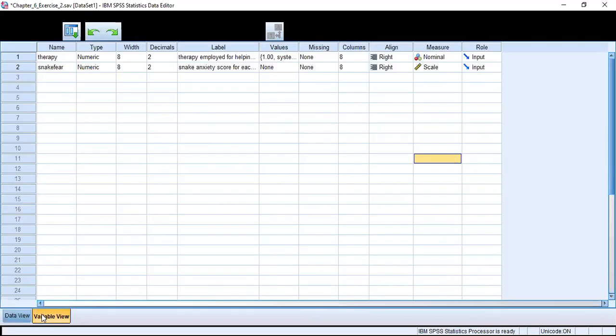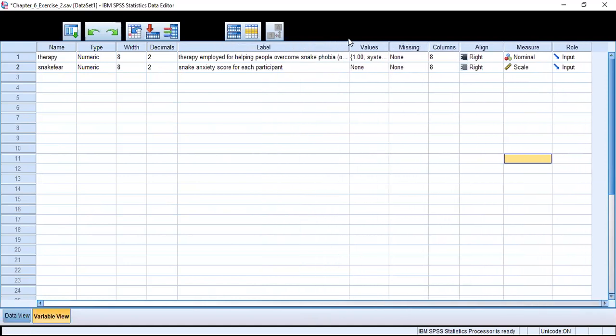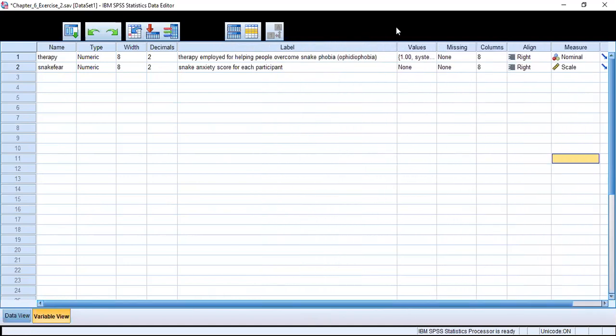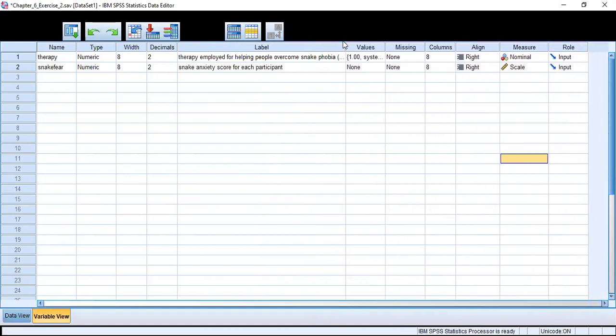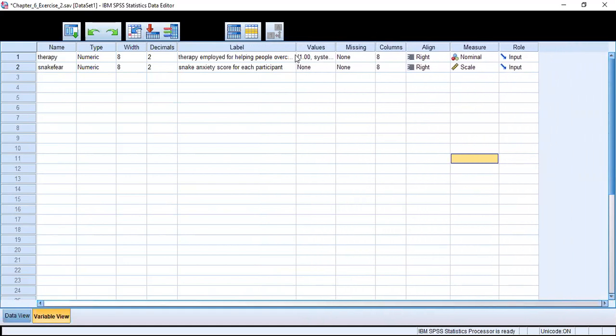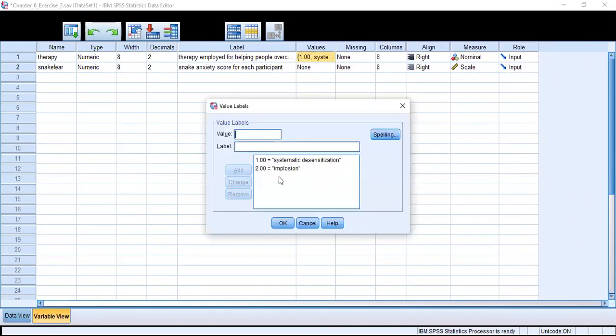Now, if you look at the variable view, in the variables we have got the therapy. So therapy is the therapy employed for helping people overcome snake phobia, which is known as ophidiophobia. So we have values assigned for that. We have one, which is systematic desensitization.